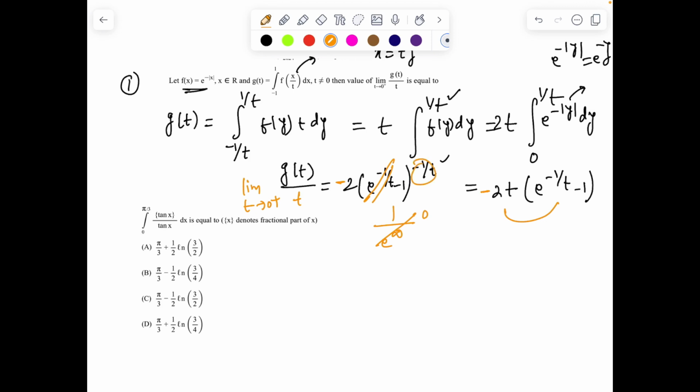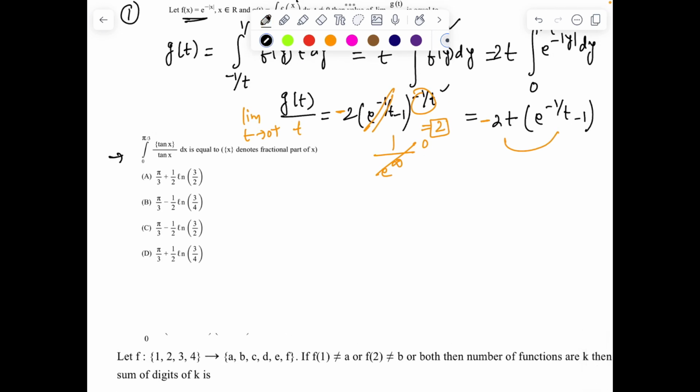Similarly, this is tending to minus infinity, so we have the entire limit going to be 1 to the power minus 1 to the power minus infinity, and that gives 2 as the answer.